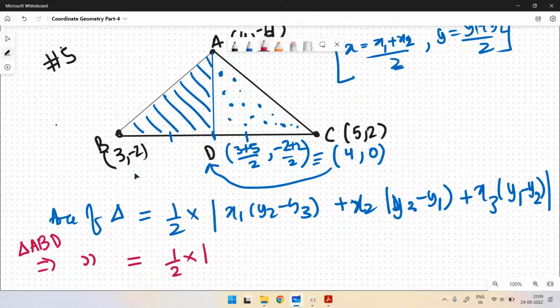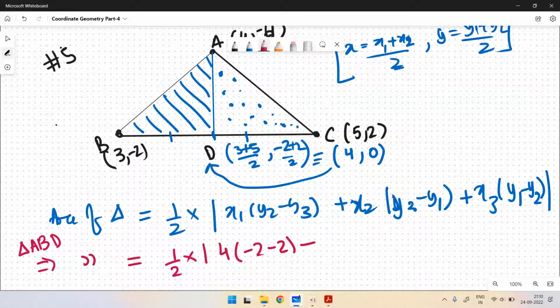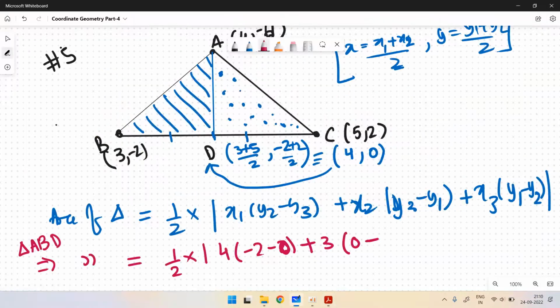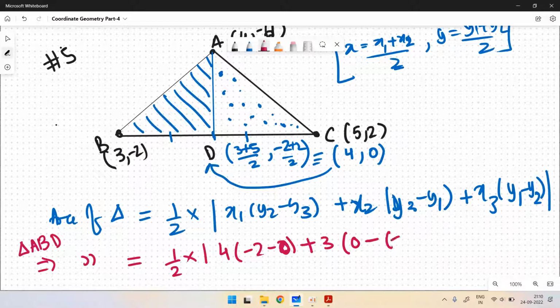Four, x1 is 4, y2 minus y3, y2 is minus 2, plus x2 is 3. Sorry, it's not minus 2, this is 0. So 3 into 0 minus minus 6, so minus of minus 6, plus 4 into y1 minus y2, minus 6 minus of minus 2.